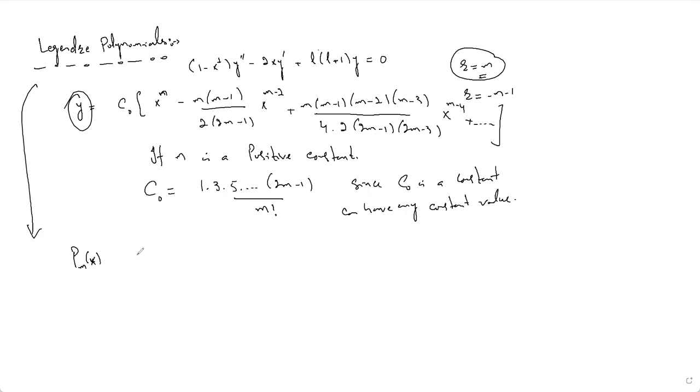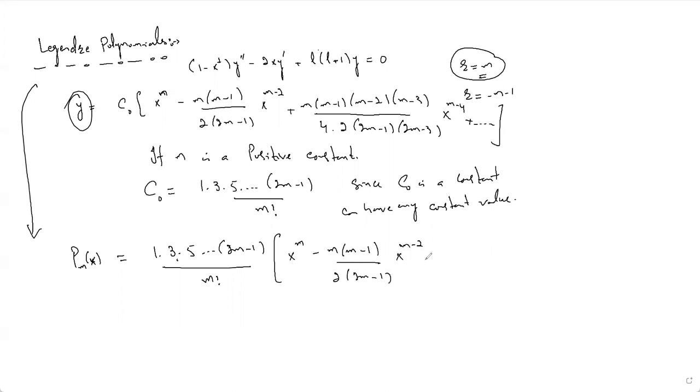So I will write P_m(x) as 1 3 5 and so on up to 2m minus 1 divided by m factorial, then x raised to power m minus m into m minus 1 divided by 2 into 2m minus 1, x raised to power m minus 2, plus some other terms. You can write this also.